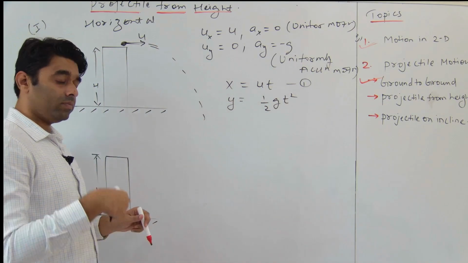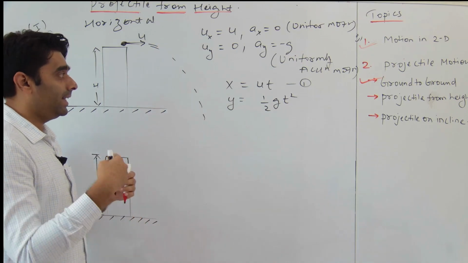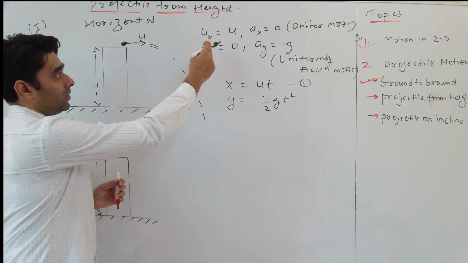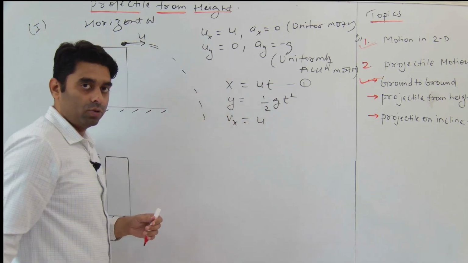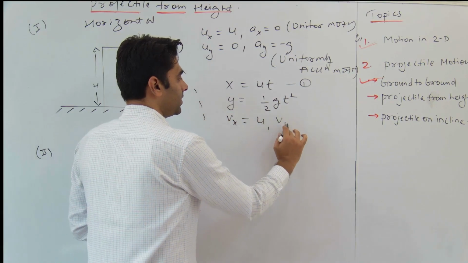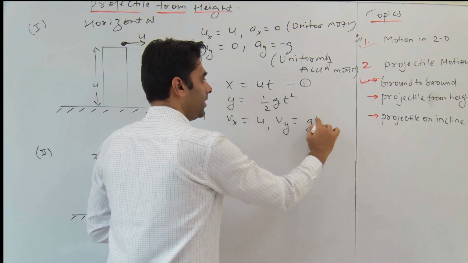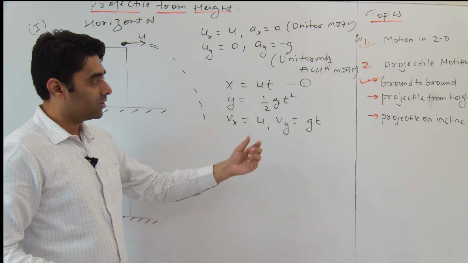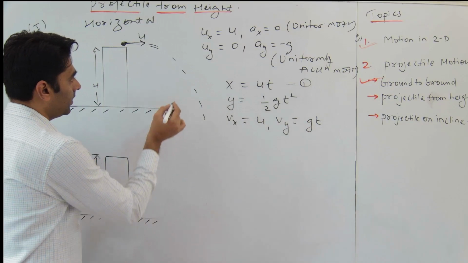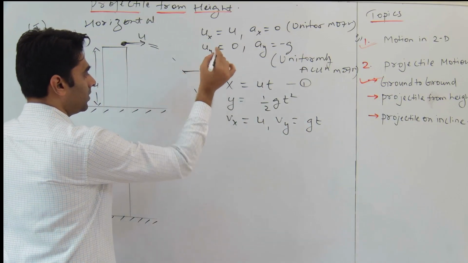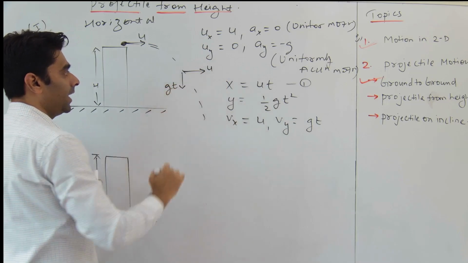This is it. Next, at any time t, if we have to write down the velocity, velocity in x direction will remain constant, which will be u only. Velocity in y direction we can write as uy minus gt, so it can be written as g into t. So let's say that at time t, this is the velocity u, and in y direction it is gt.